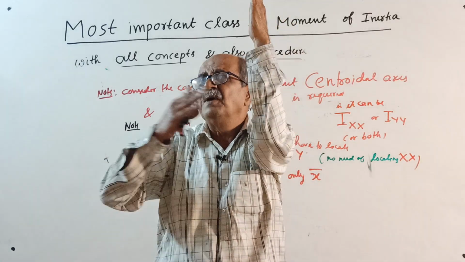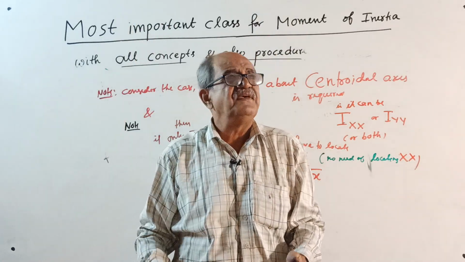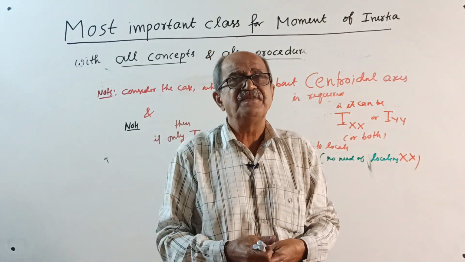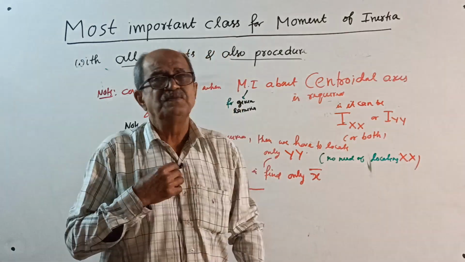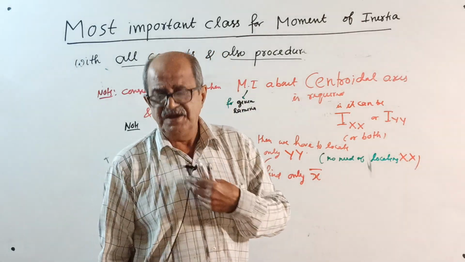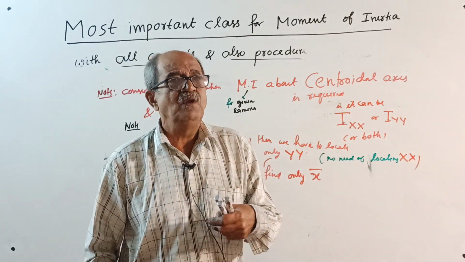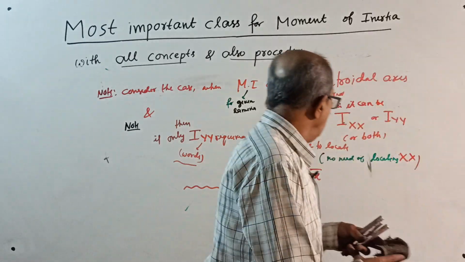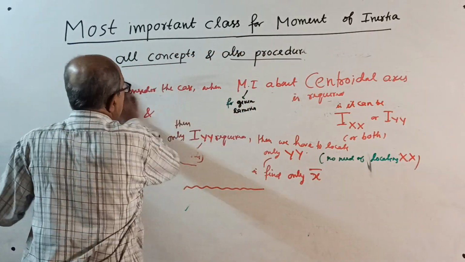Using X bar means the reference is a vertical axis. Any horizontal distance is for a vertical axis, and any vertical distance is for a horizontal axis. From a vertical axis, always horizontal distance, and from a horizontal axis, always vertical distance. Then find the moment of inertia. Okay, then next note.